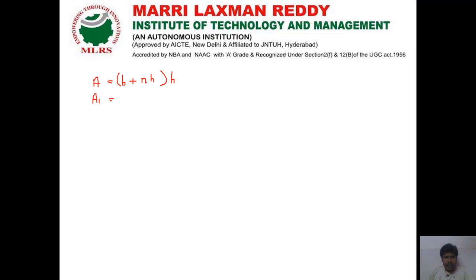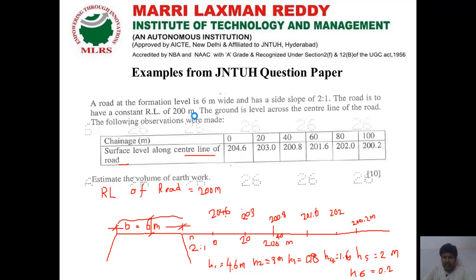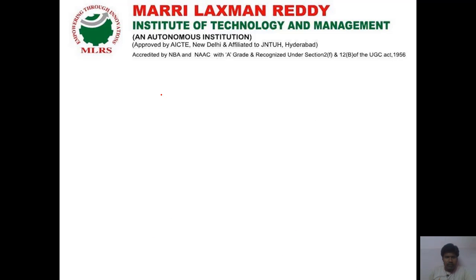So A1, by using H1: the B value is 6 meter plus the n value 2 into H, into H. H1 is 4.6, so that area A1 is 69.92 meter square.